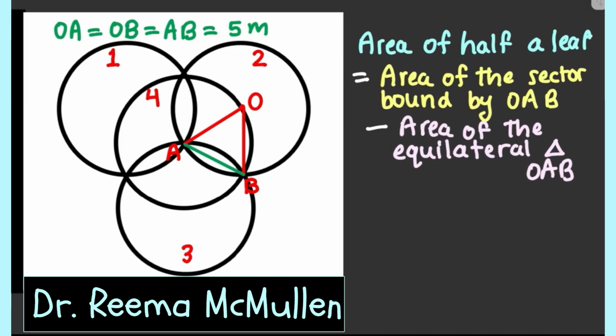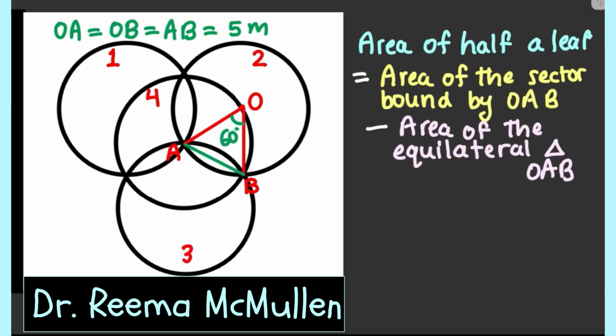Let's go ahead and find the area of the sector that is bound by points O, A, and B, and that is this pie-shaped region. To solve for the area of the sector, we're going to make use of the fact that this angle over here is 60 degrees.